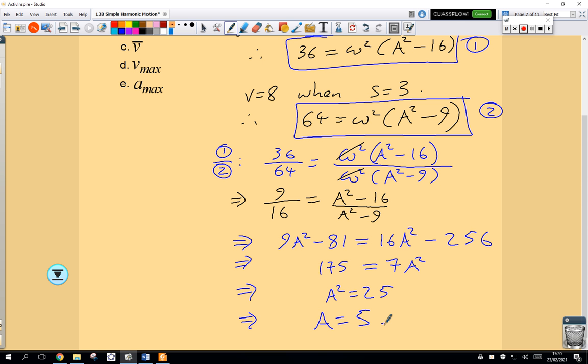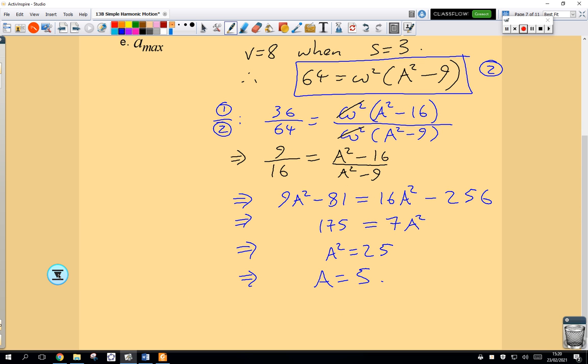Okay, so we found the amplitude A is equal to 5. Again, we might just find omega here, take either equation. Let's take the first equation. In fact, let me put in A therefore instead here. So from this first equation, 36 is equal to omega squared times A squared minus 16.